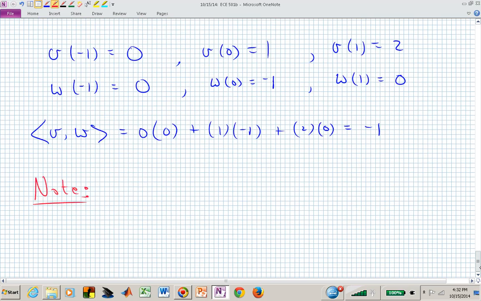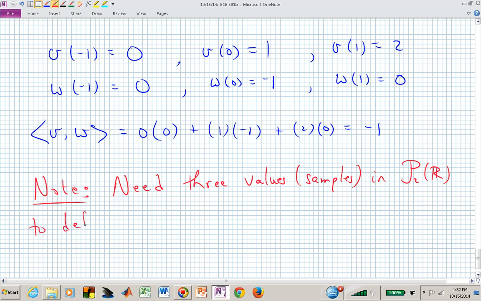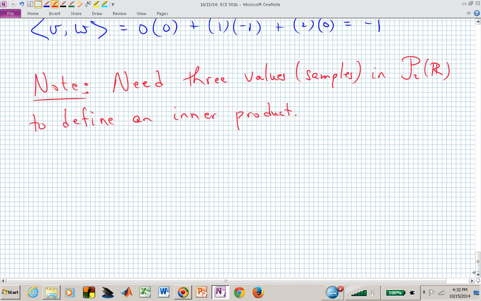But for a second order polynomial, we need 3 values or samples in P sub 2 of R to define an inner product.